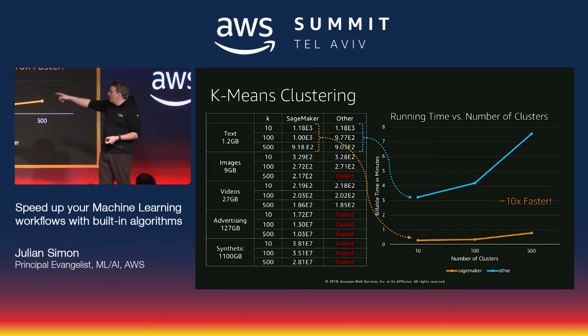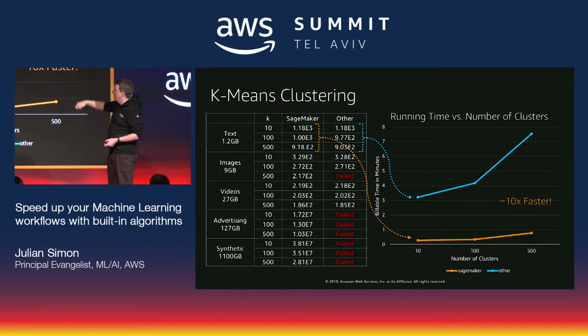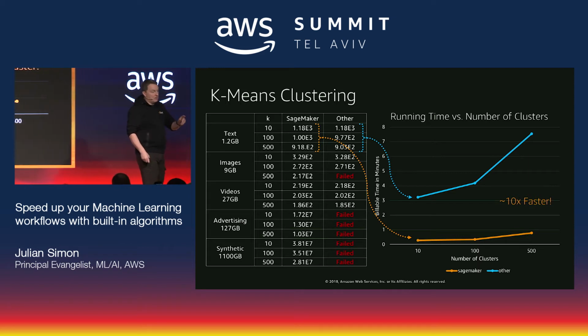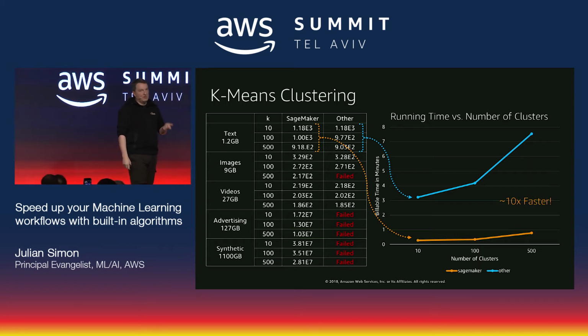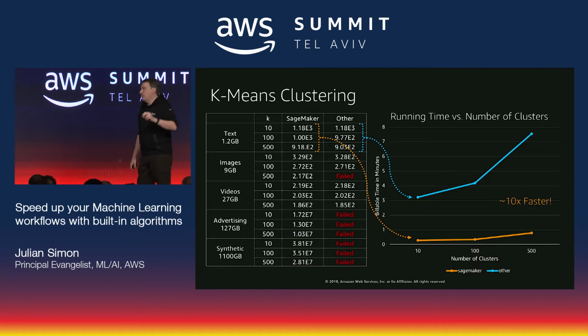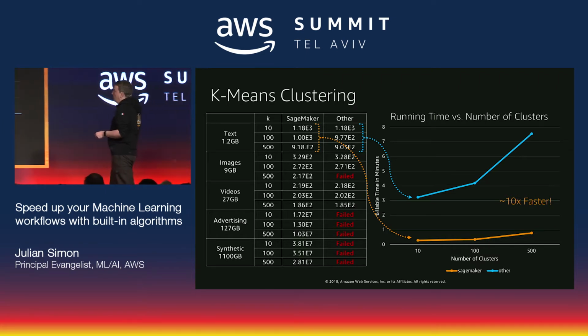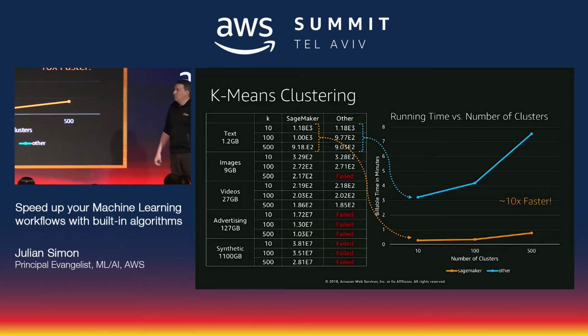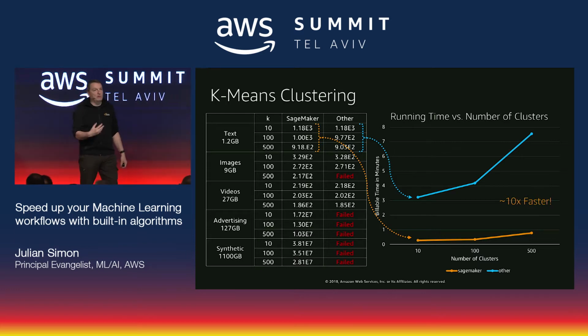And when it comes to precision, the numbers that you see here are the total sum of square distances between the points and their respective center, which is how clustering works.